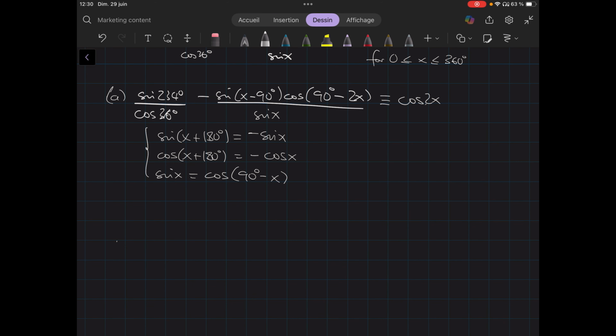Of course, you can always derive these formulas using the compound angle formula. But if you have these at your fingertips, it will make your life a lot easier.